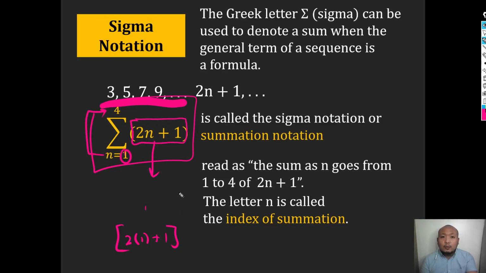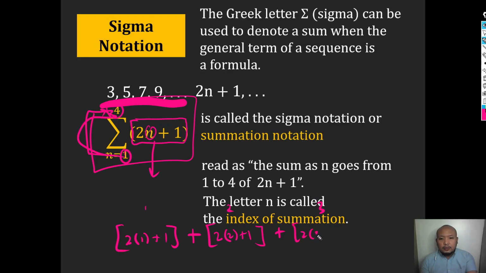So, what if n were 2? Kapag 2 yan, ganun din, i-plug mo lang, 2 times 2 plus 1. And remember, this is summation. So, each of these terms you have to add together. Plus, di pa tayo tapos kasi goes from 1 to 4. What if it's 3?